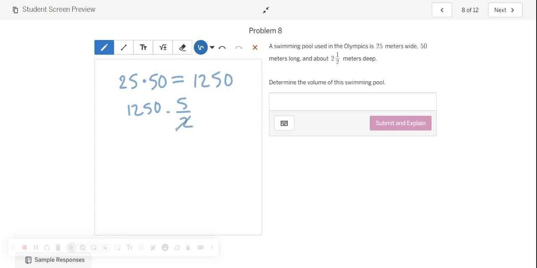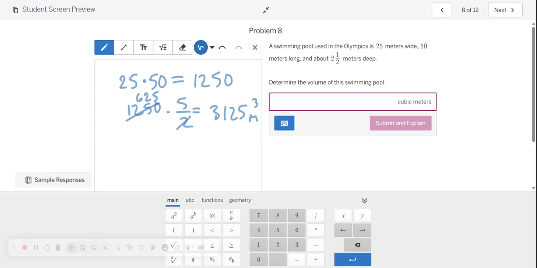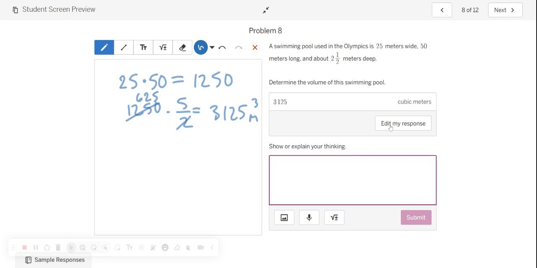I'm going to simplify a little bit. 625 times 5 is 3125, and then it's in meters cubed. The volume of that swimming pool is 3,125 cubic meters. Here we go. Submit and explain. It's big. Submit.